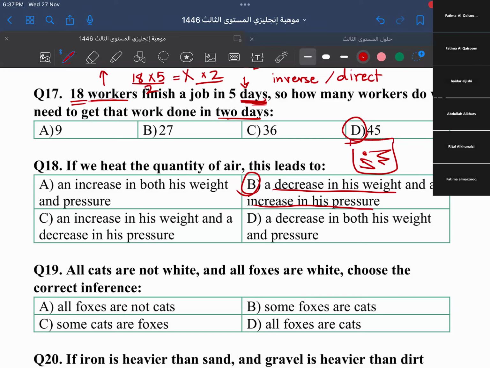If it's in a flask and it's closed, the movement of the particles is going to exert some pressure on this flask, and the more it heats, the more energy it gets. So the more it's going to exert pressure on the sides of the flask. So that's why sometimes things just break down under heat. Okay, so that's why the answer is B.